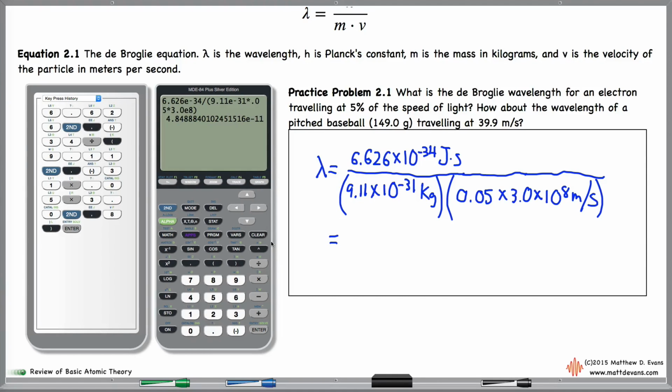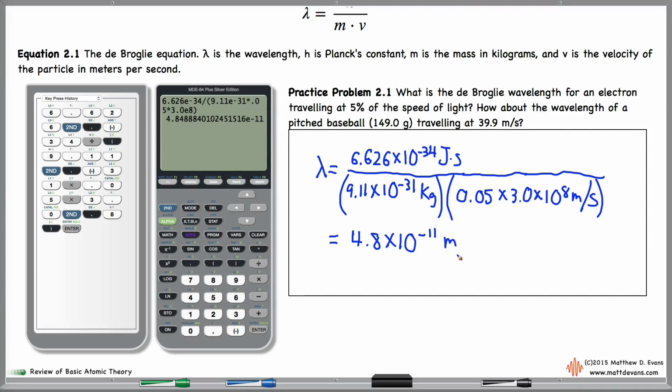Okay, so finally, we've got a result, and paying attention to things like sig figs, in the strictest sense we have to say that it's 1 sig fig, but let's just call it 2 sig figs. I'm going to break the rules here. This is going to be 4.8 times 10 to the negative 11th, and that's going to be meters.